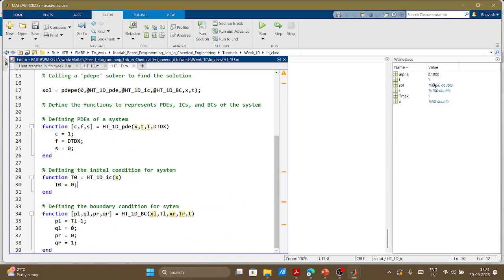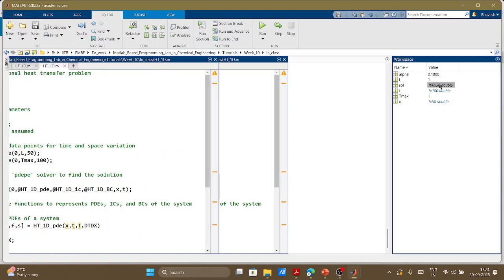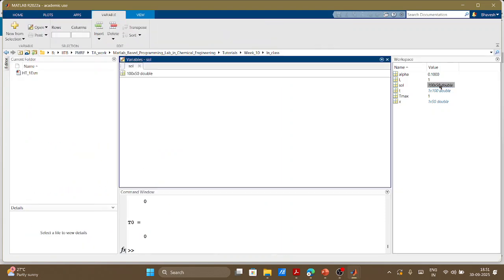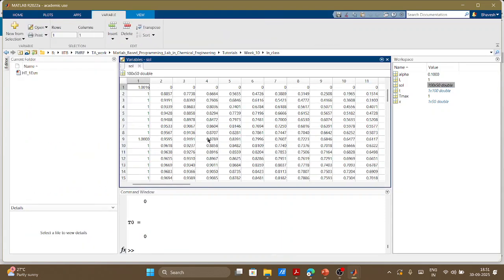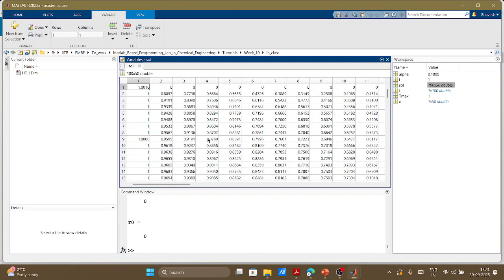Anyway, and the solution. So we have discretized time into 100 points and space into 50 points. So I have a solution. So row corresponds to time and column corresponds to your x variable.